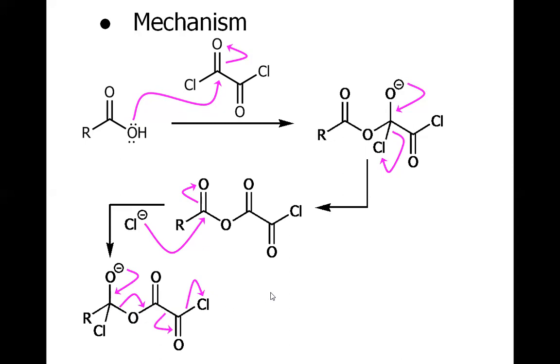And remember, CC bond breakage is not an easy task, but here the driving force for the breakage of the CC bond is the formation of two gases: carbon dioxide gas, CO2, that has come from here, C double bond O, and the carbon monoxide gas, which has come from here, C double bond O. So because of the generation of two gases, this reaction occurs and we have this acid chloride formed. So this is a highly entropically favored reaction.